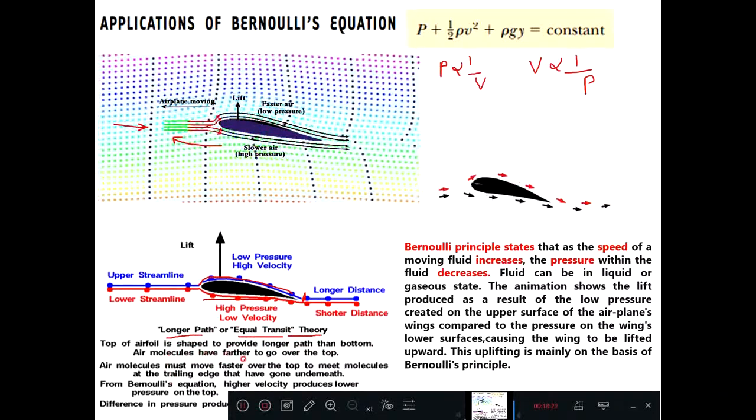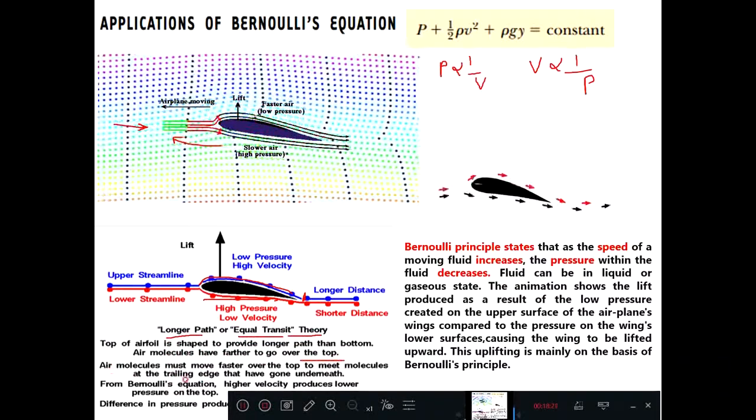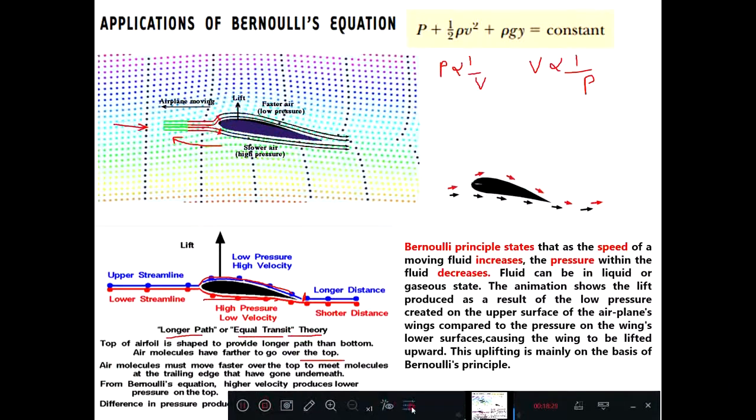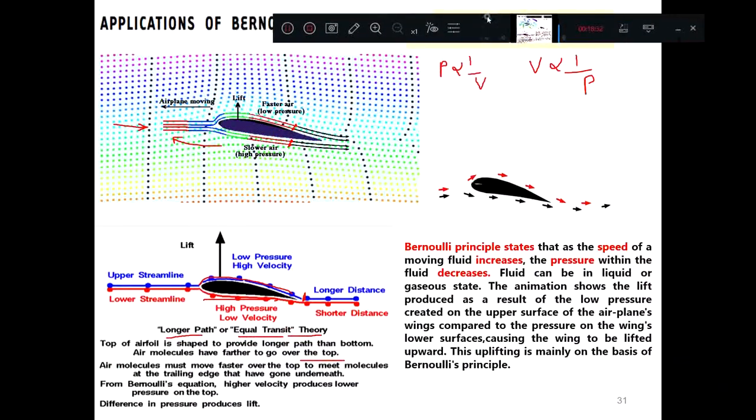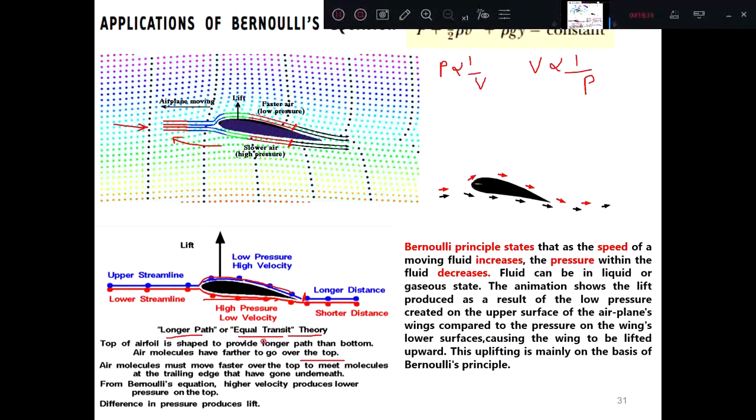Air molecules have farther to go over the top, and must move faster over the top to meet molecules at the trailing edge that have gone underneath. So from Bernoulli's principle, or Bernoulli's equation, higher velocity produces lower pressure on the top. So the difference in pressure produces the lift of an aeroplane.